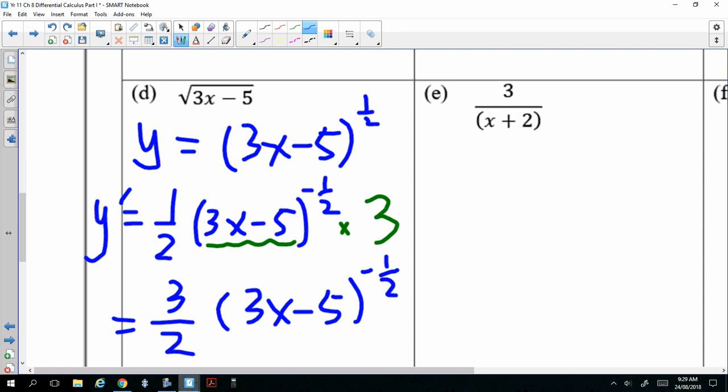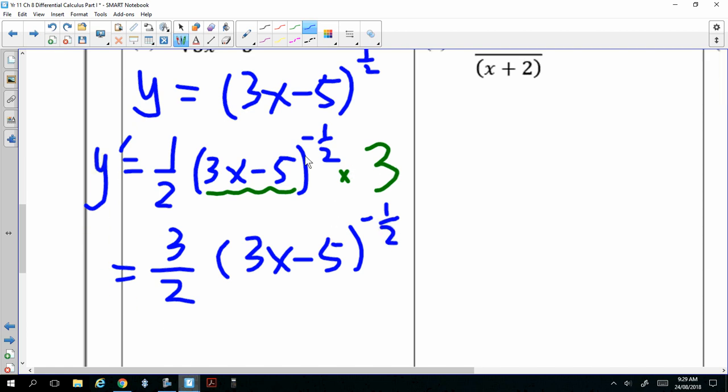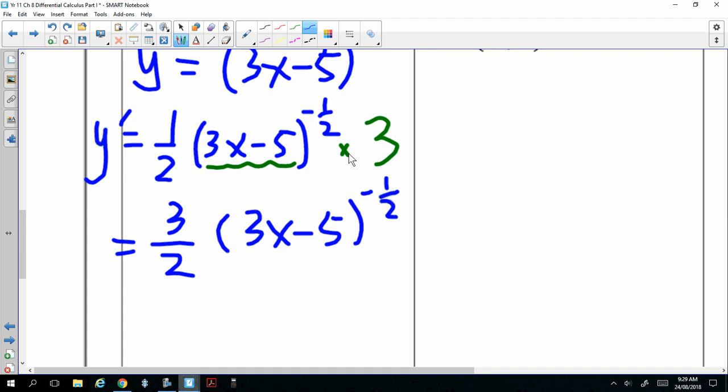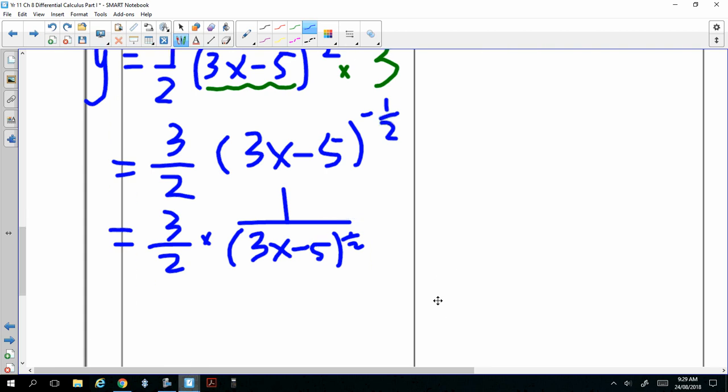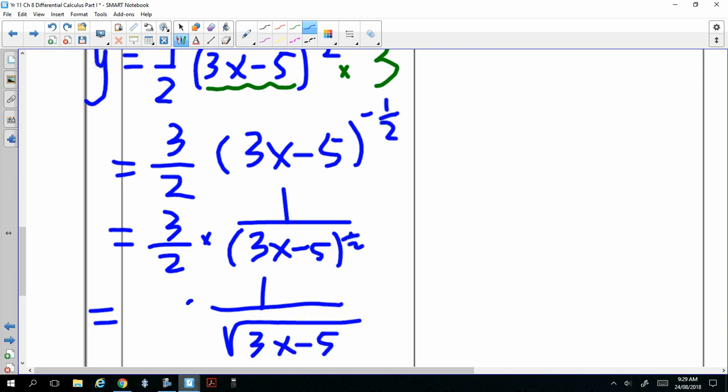So you write that as 1 over 3x minus 5 to power half. Yes? And after you write 1 over, you write 1 over square root of 3x minus 5. Notice I do one thing at a time. And then you put the 3 on top and 2 at the bottom.